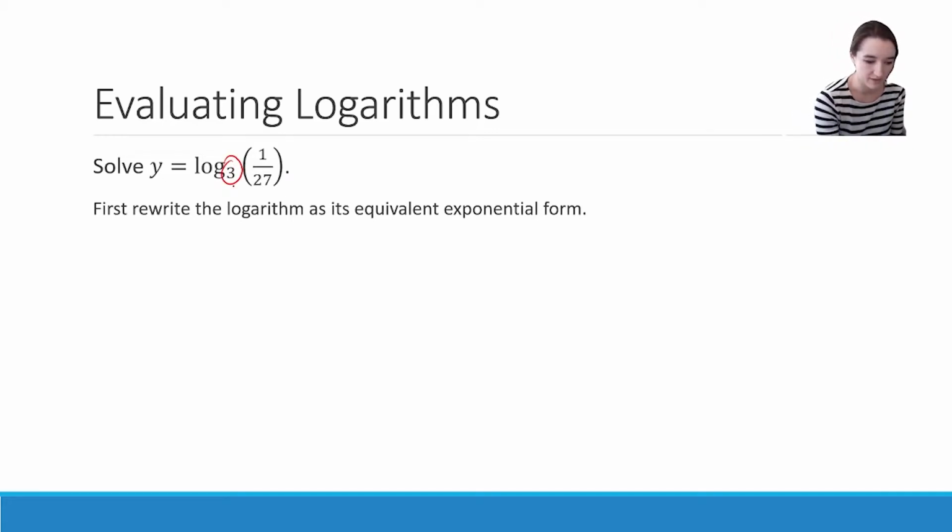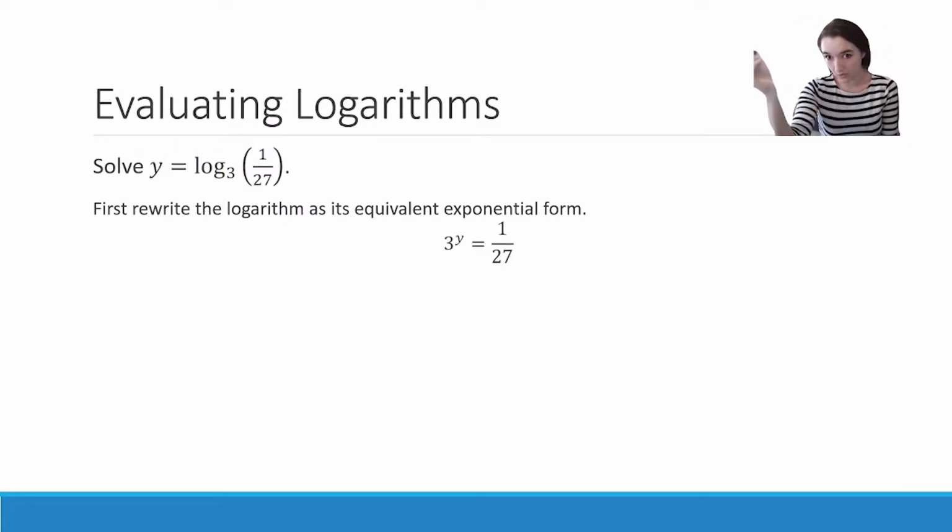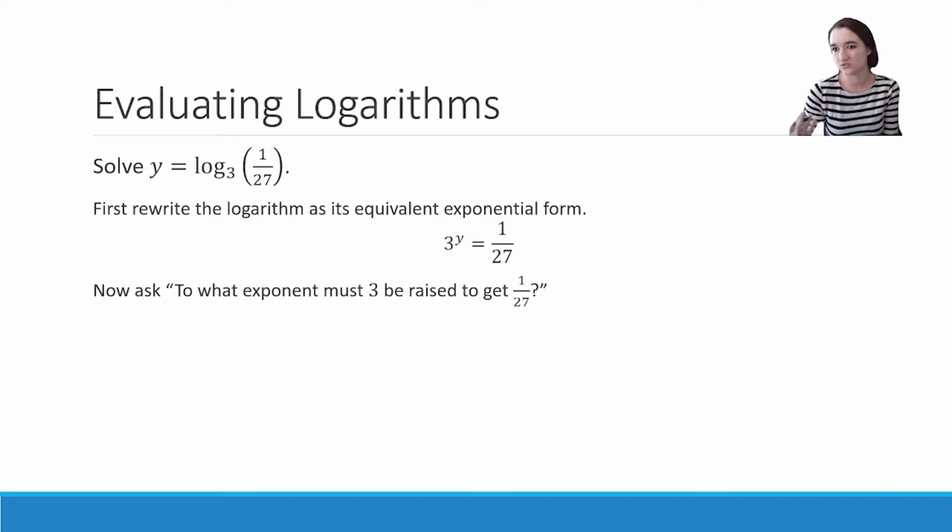So again, we keep our base the same, and then we flip-flop our x and y. So 3 to the y power is equal to 1/27. We take the 1/27th out of the log, we bring the y to the exponent. And now this is something that hopefully we know how to solve.